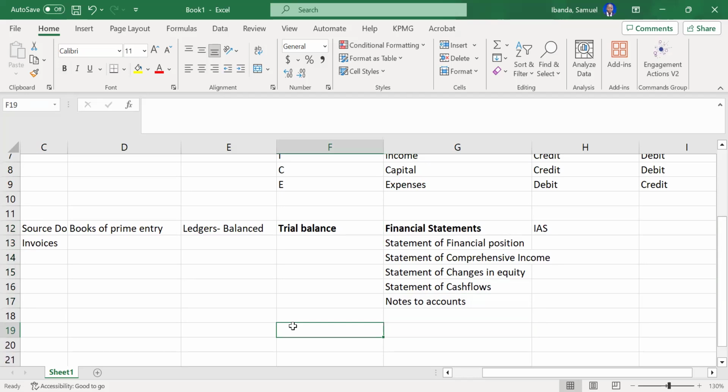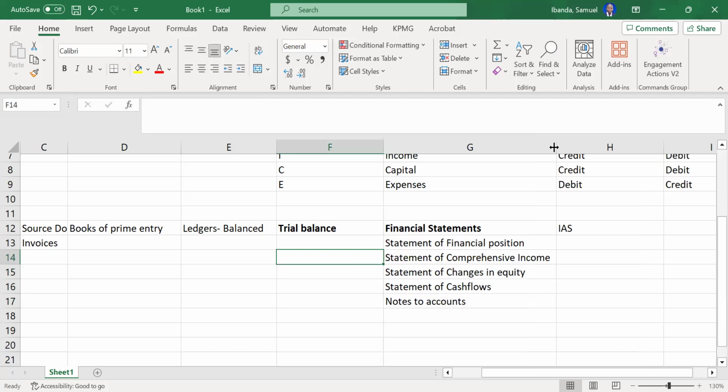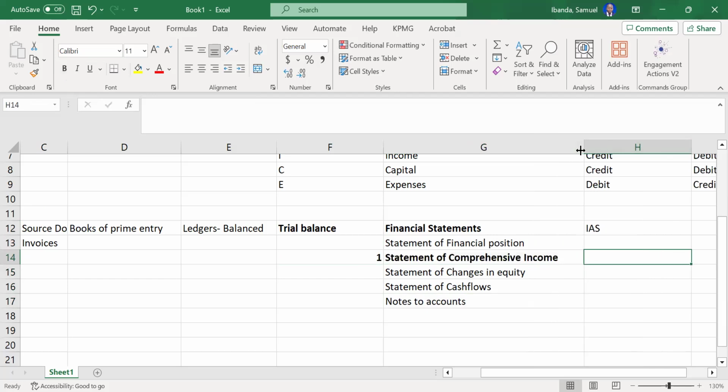I usually tell my students that despite these being listed randomly here, we usually have what we start with. So in most cases, we shall start with the statement of comprehensive income. This is what comes first. And our intention for preparing the statement of comprehensive income is to determine whether the company has made a profit or loss.